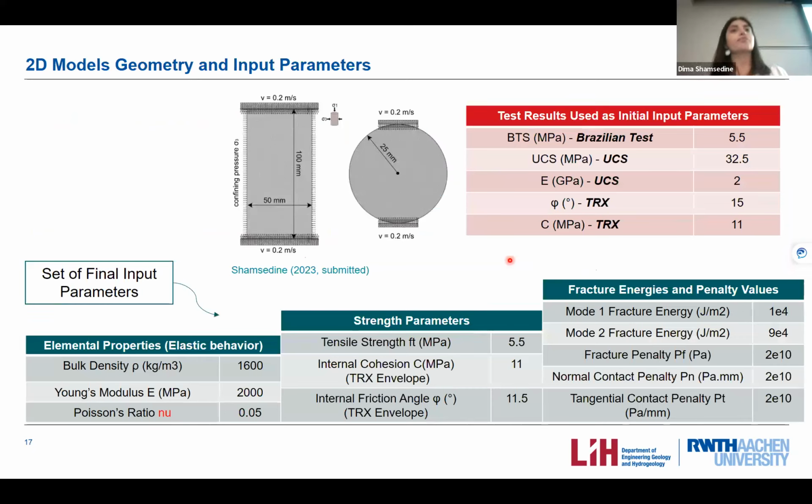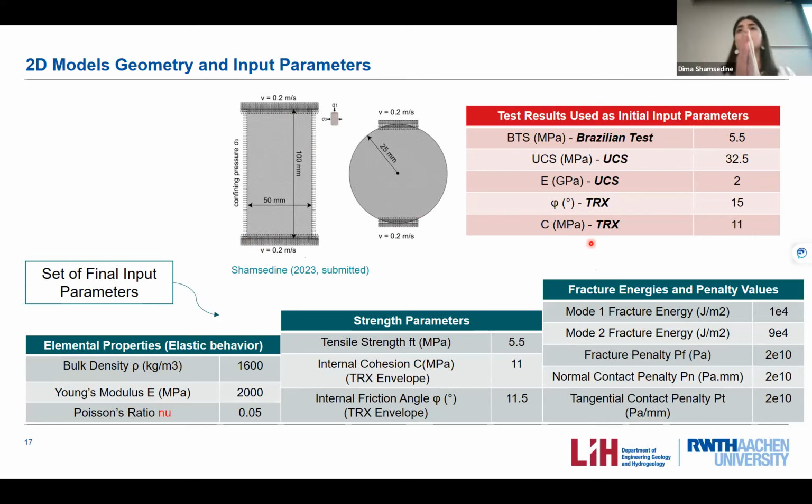Now, what are the models, geometry, and input material used in the numerical modeling? These geometries represent the 2D numerical models that I've used in order to replicate the UCS, Brazilian disc, and triaxial tests of the 3D printed analogs. They represent the discretized mesh, the boundary conditions, and the dimensions.